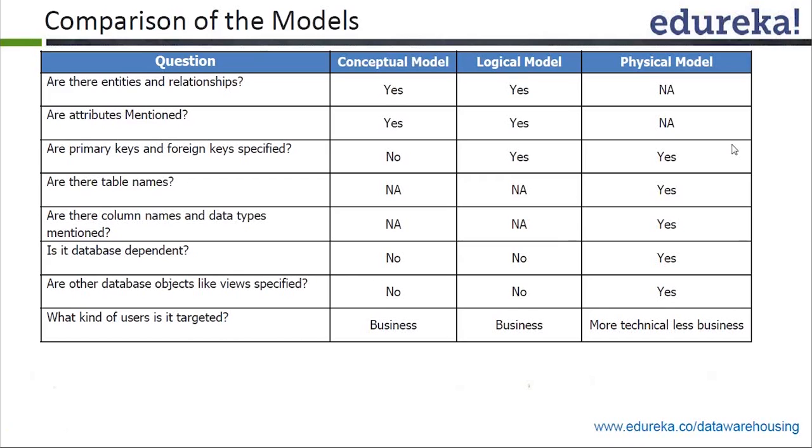What kind of users is targeted? When you build a data model, who are you actually building this model for? The conceptual model, you build for the business people who can read it easily.